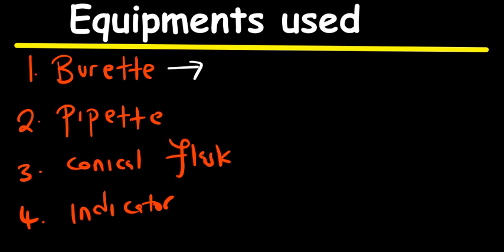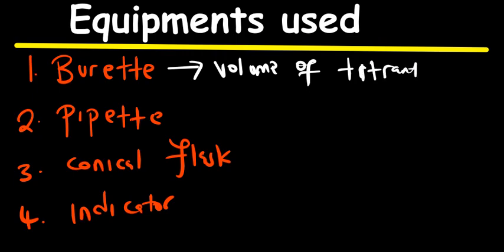The burette in this case is just a graduated glass tube that is usually used to measure the volume of the titrant. I want you to notice the volume of the titrant. You're using a burette.